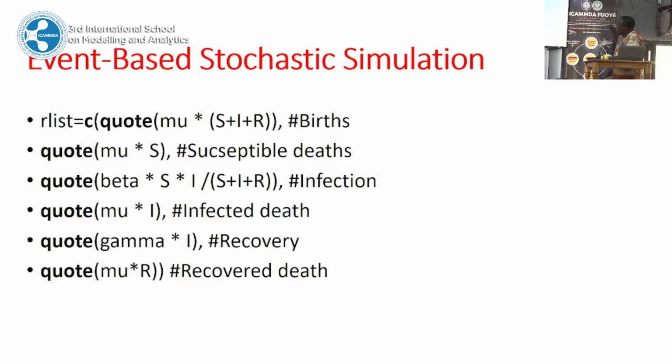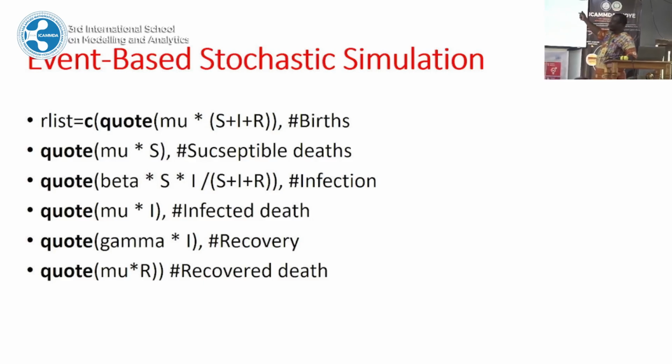The first event is mu times S plus I plus R, which is the birth. The second event is mu S, which is susceptible death. The third event is beta S I over S plus I plus R, which is the total number, N. So it's the infection.